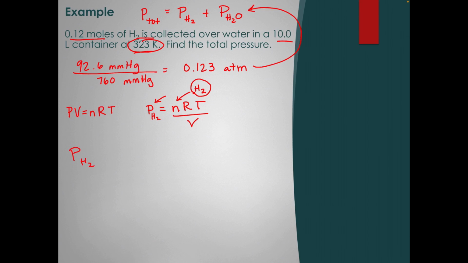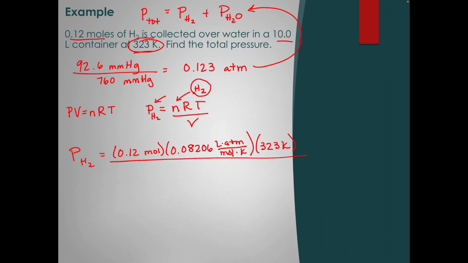So our partial pressure of hydrogen is going to equal our moles of hydrogen times our ideal gas law constant times our temperature over our volume. Now if we calculate that, we get that our partial pressure of hydrogen is equal to 0.32 atm.